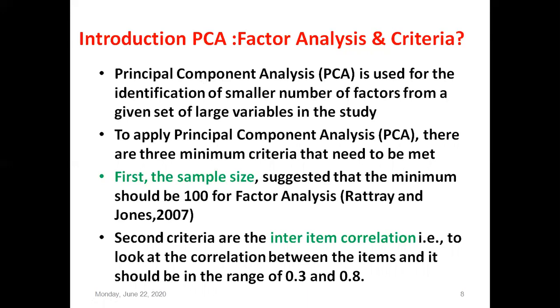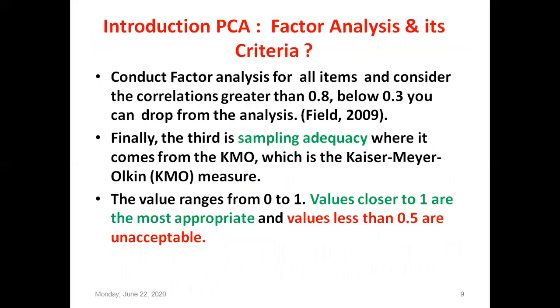The second criterion is that the items should have inter-item correlation, so look at the correlation between the items, and it should be in the range of 0.3 to 0.8. Here we conduct the factor analysis for all the items in your data set, and correlations greater than 0.8 and below 0.3 can be dropped from your analysis. This is by Field 2009.